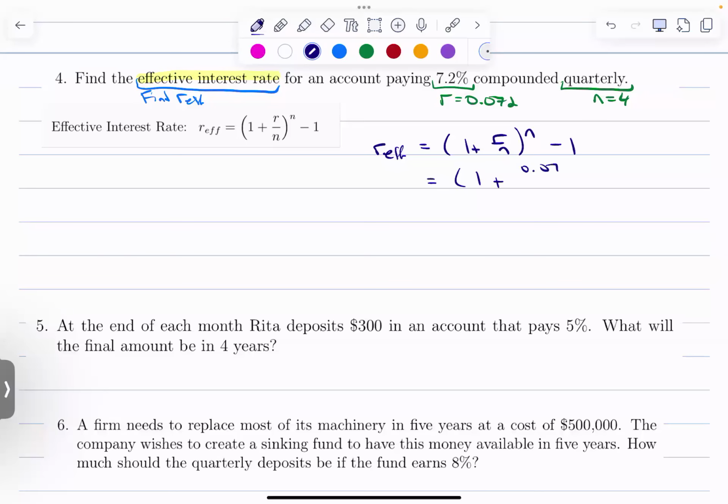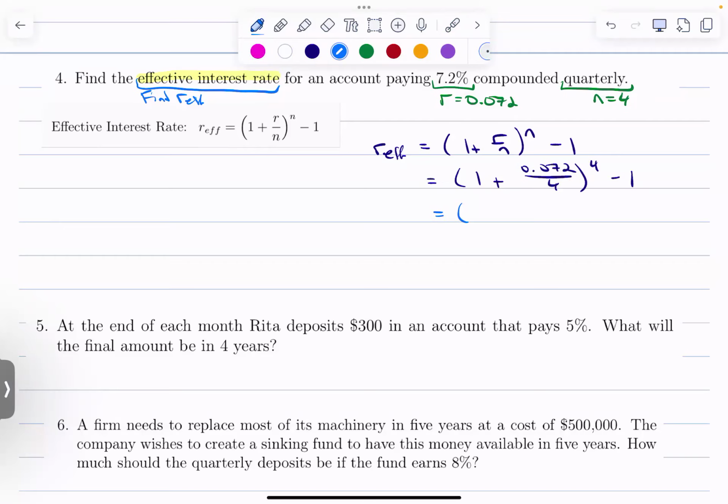1 plus 0.072 divided by 4 to the power of 4 minus 1. As long as you take it nice and slow, 0.072 divided by 4 and then plus 1, right? And then to the power of 4 and then minus 1. So again, just to show all the steps, I'll do it in light blue.